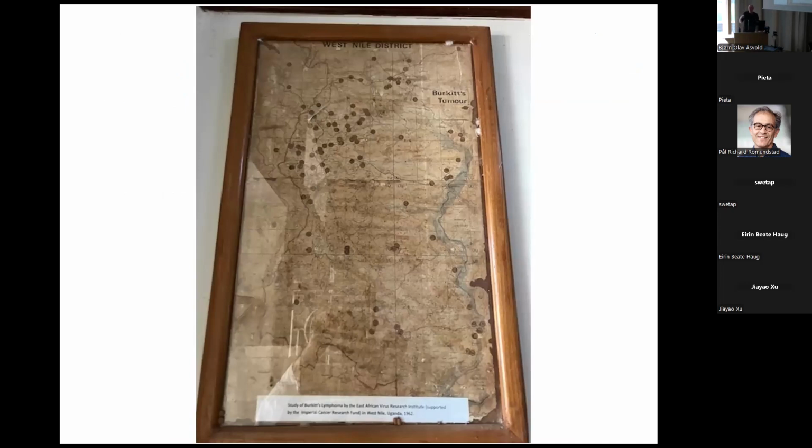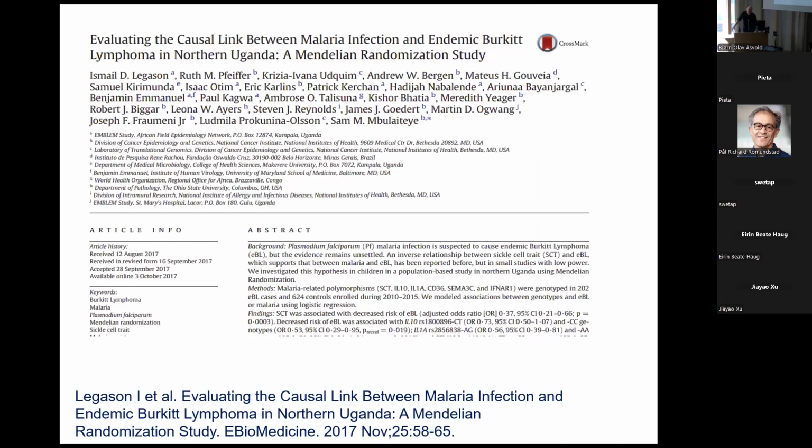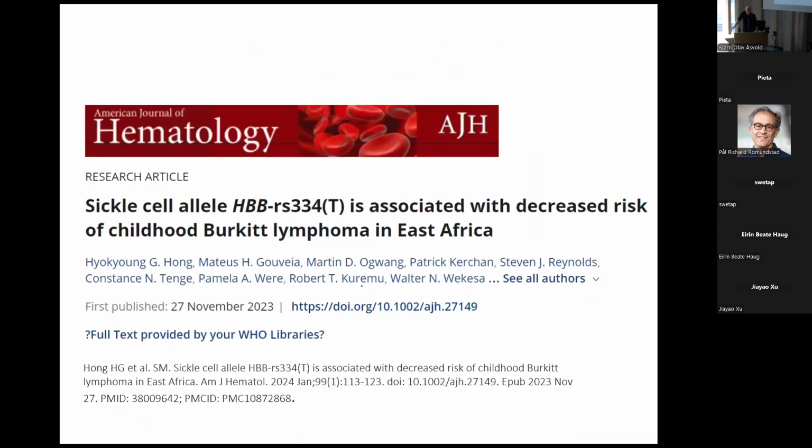And he pointed out you'd see it only in holoendemic regions for falciparum malaria. Of course, sickle cell trait is a very strong proxy for your risk of developing falciparum infection. And sure enough, sickle cell trait, the heterozygosity, protects quite strongly against Burkitt's lymphoma. This has been replicated.